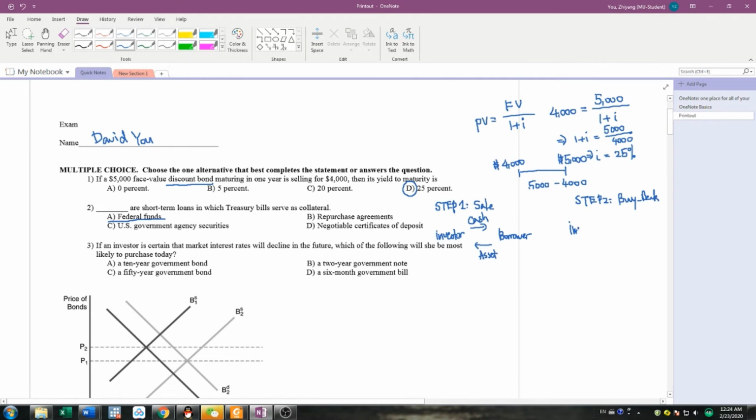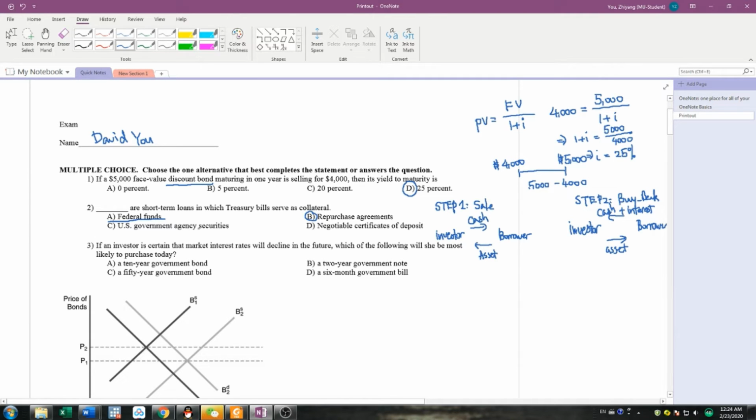We reverse everything, and the borrower is going to give some cash back. So basically it's going to be cash plus some interest back to the investor, and the investor returns the collateral asset back to the borrower. And in general, the asset will be the treasury bills, which is the short-term government security. Okay, so this is the right answer.